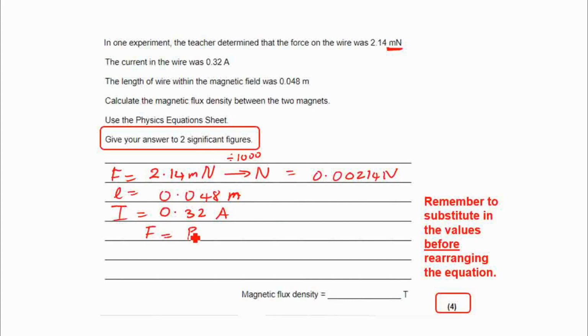All right, then they've told you to use the equation sheet. F is equal to BIL. All right, then they want you to find the magnetic flux density. So you're trying to find B. So we don't know what B is. We're trying to find B. So we're going to have 0.00214 is equal to B, which we don't know, times the current, 0.32, times that by L, which is 0.048, okay?